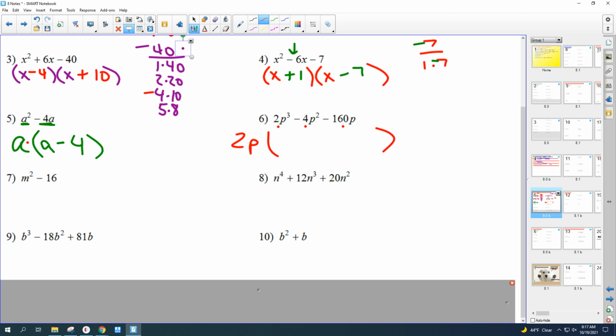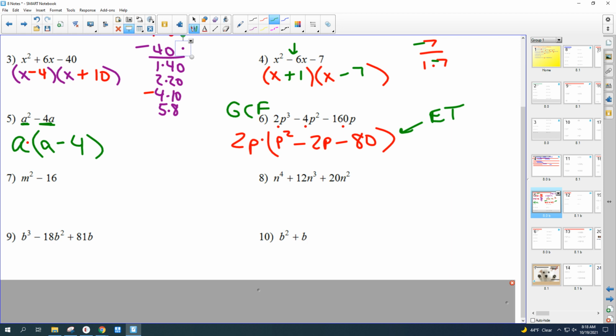Okay, think about multiplication. 2p times p squared minus 2p times 2p would give me 4p squared, and then minus 2p times, what would that be, 80? Right there. And what ends up happening in this problem is I've transformed the problem from a GCF problem. This had a GCF into an easy trinomial problem that I'm going to have to do another method.